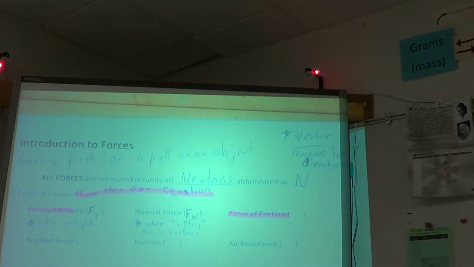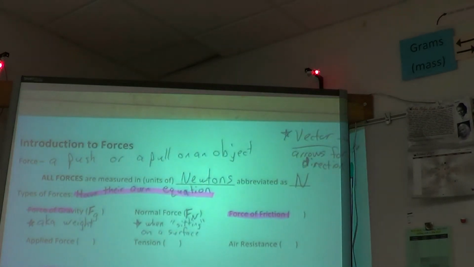For example, I'm standing on the floor, but there's a normal force acting on me. A normal force is a supporting force. It's a balancing force. Why are you not falling towards the ground right now? Why are you not accelerating towards the floor right now? Normal force.